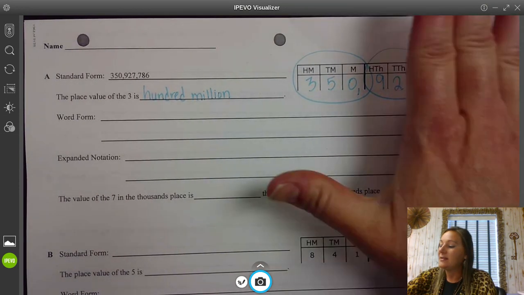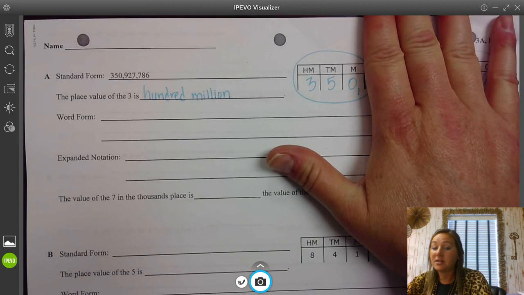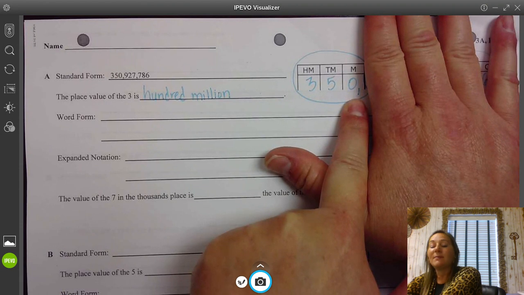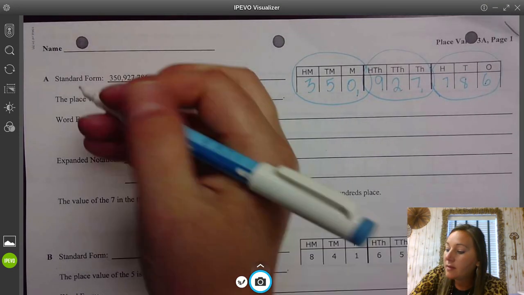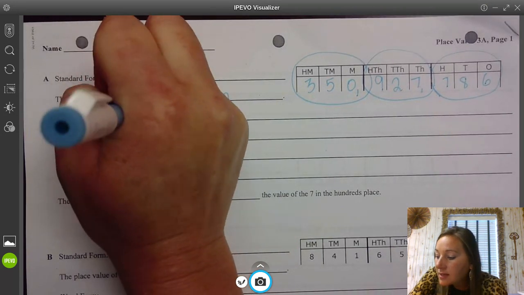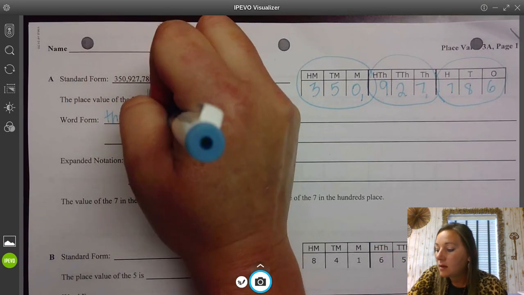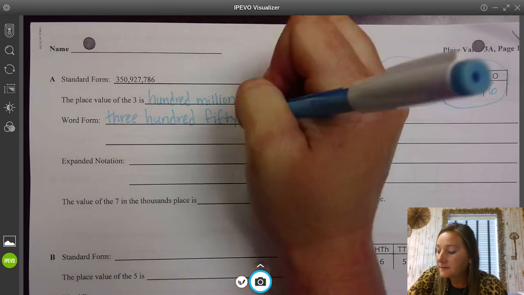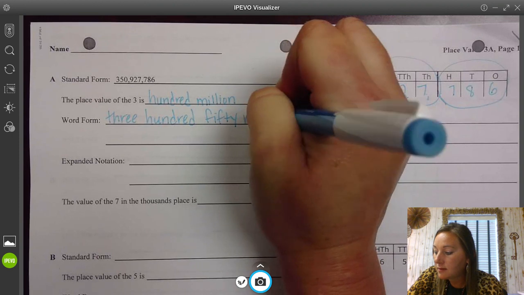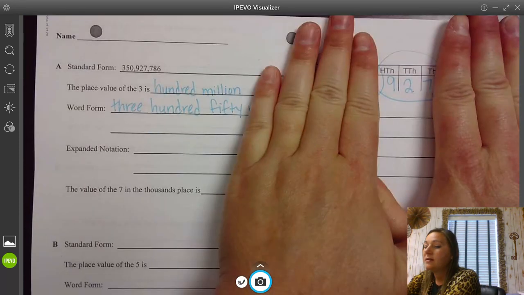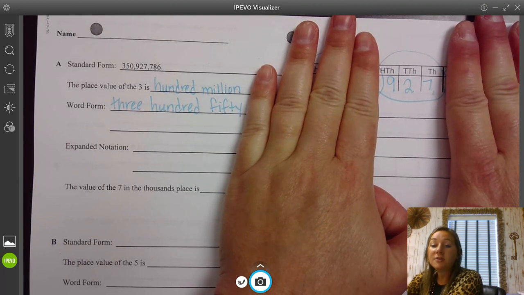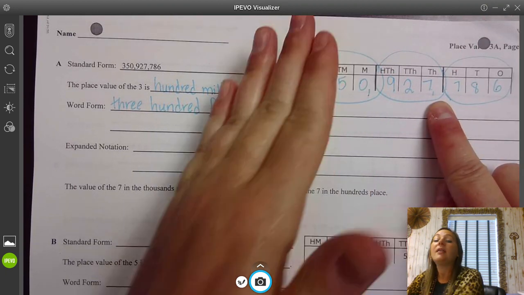Okay. All right, word form, as I was saying. So let's look at just those. Read it as a 3-digit number. So 350. Not till you get to the comma do you say the name of the period. So 350 million, comma. Okay, just look at those 3 digits as if it was just 3 digits. 927, comma, then you say thousand.